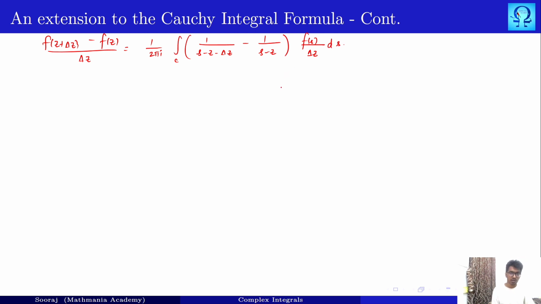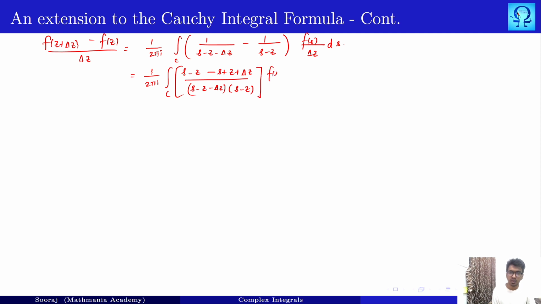Now we'll have to simplify this quantity. How are we going to achieve this? We'll have to take the LCM. So integral over c, if you take the LCM, you would get s minus z minus s plus z plus delta z upon s minus z minus delta z multiplied with s minus z.